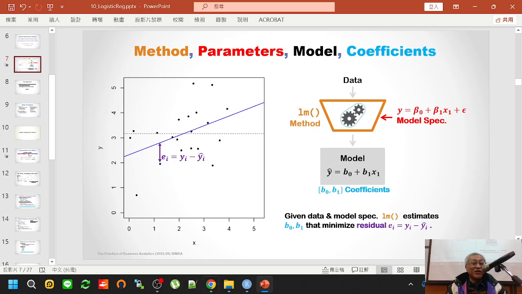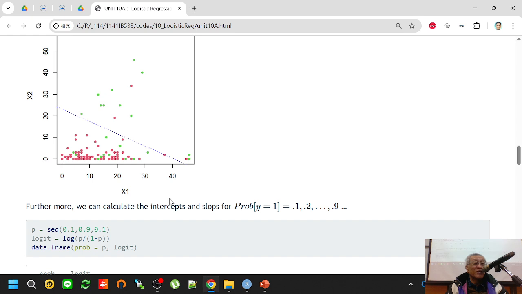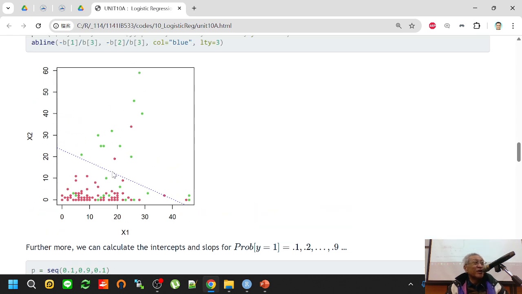But here in logistic regression, we are going to predict the value of y, and y only has two values. It's either 1 or 0, right? So we want to find a line that can distinguish y equal to 0 and y equal to 1 as accurately as possible. Of course, there will be some error, as you can see here.